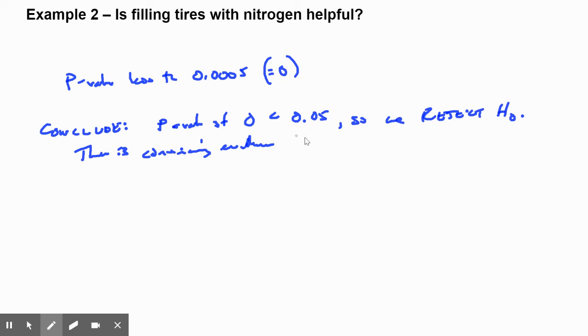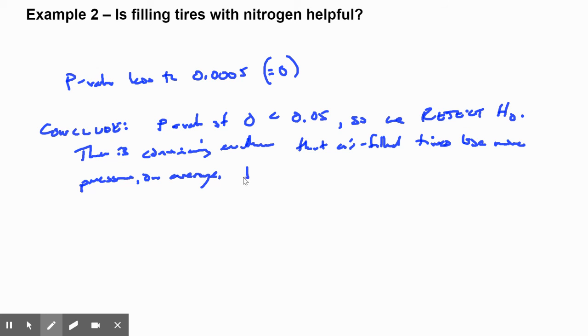It says that air-filled tires lose more pressure on average than nitrogen-filled tires for brands like these.